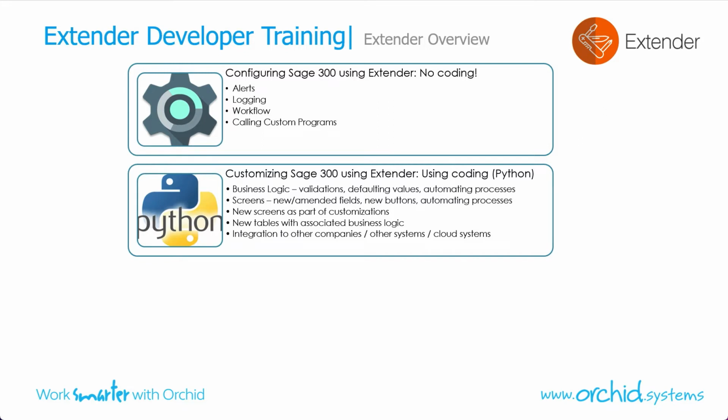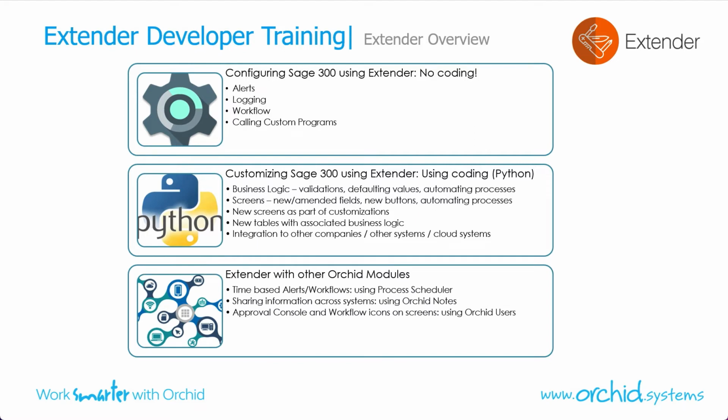You can add fields, buttons, and automate processes further. You can create new screens as part of your own application and create new tables with the associated business logic or view logic for those tables. You can also create integrations to other Sage 300 company databases when you want to share data to other systems or indeed to cloud systems.